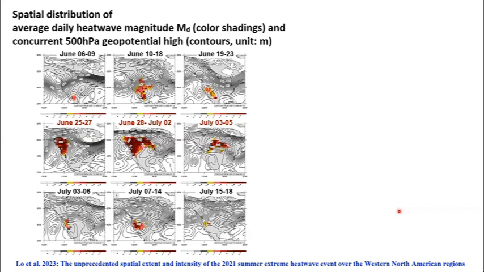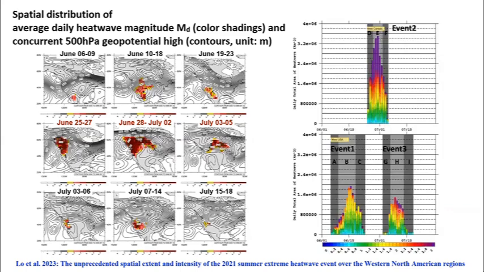Although, if you look at the individual information, they are much smaller, and you can use this diagram to see how the area, the intensity and duration change. The big one may not last longer than the other one, but certainly the area and the intensity are much stronger, okay?